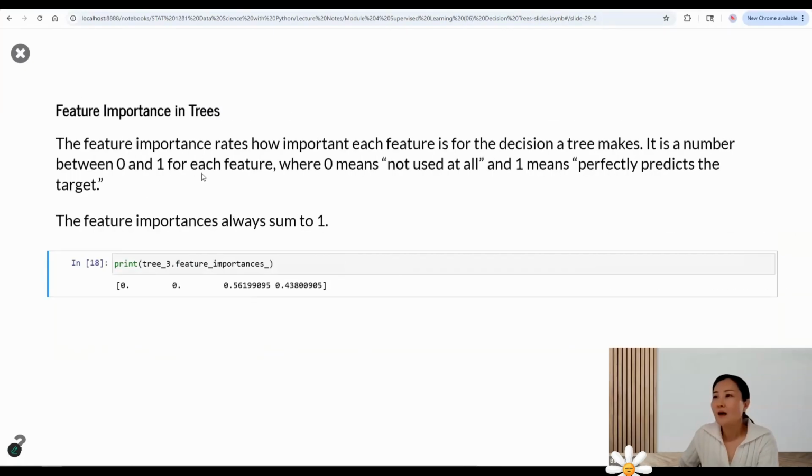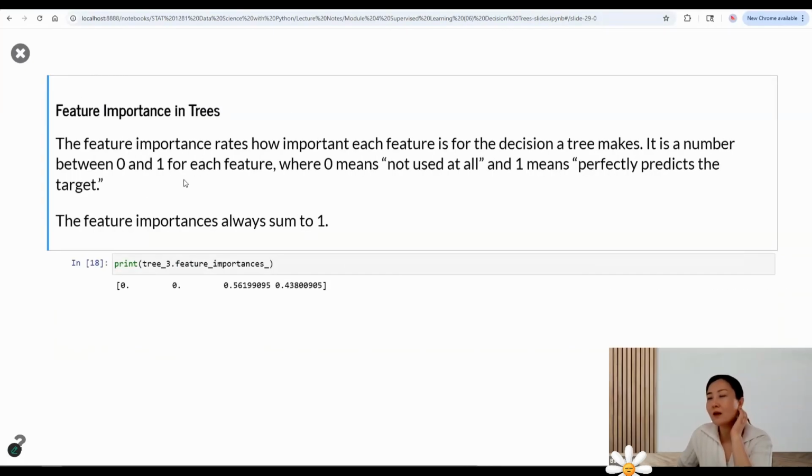Anyway, decision trees can also help us to figure out their feature importance. Decision trees can help us to figure out which variables are more important or which are less important. Because you see, when a decision tree is grown, at each node, it will choose the optimal variable to do the split.